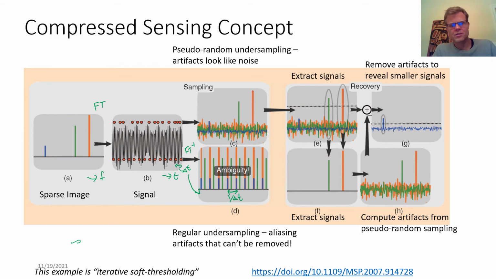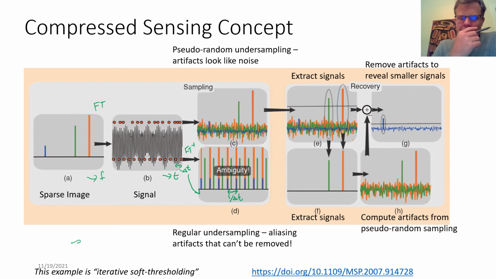What can happen if we just undersample the signal at regular intervals, like we've looked at, for example, in parallel imaging, is that we get coherent aliasing, meaning there's some ambiguity here in the bottom plot, letter D, whereby we can't tell which is the real sample when we have the aliasing. We can even see this drawing is done purposely to have the orange and the blue signals overlapping on top of each other, making them impossible to distinguish.